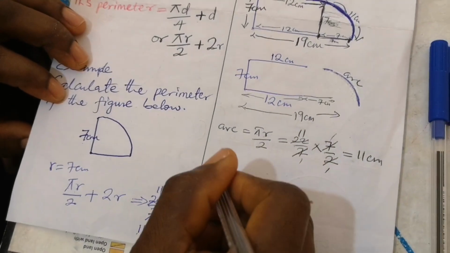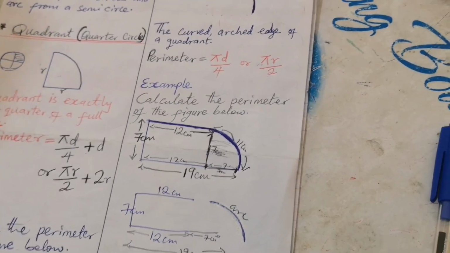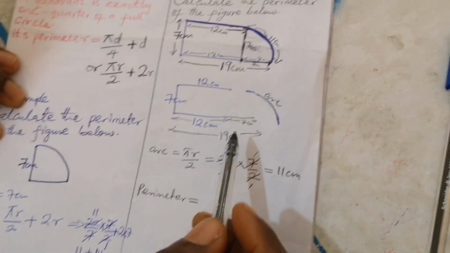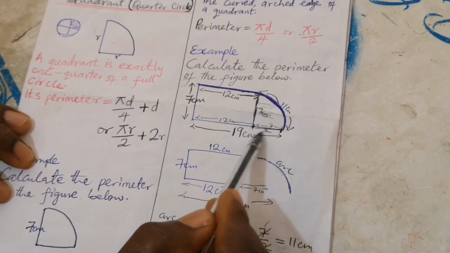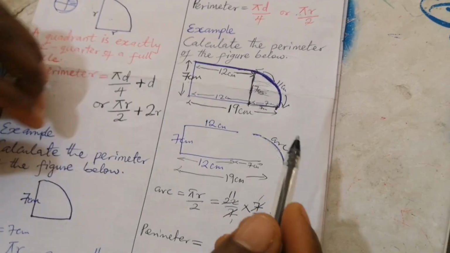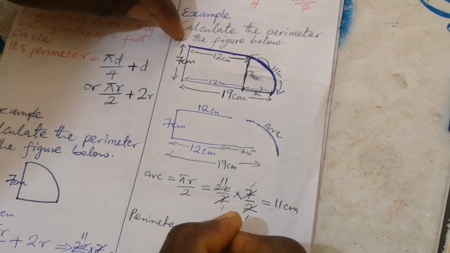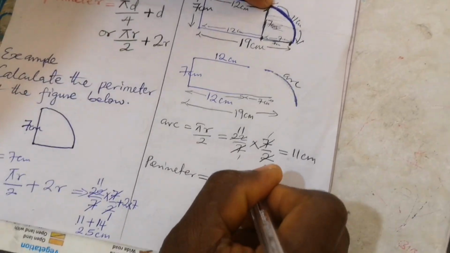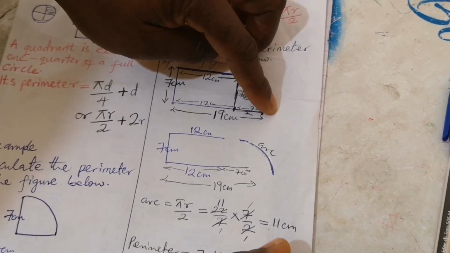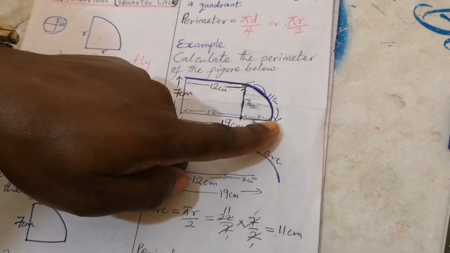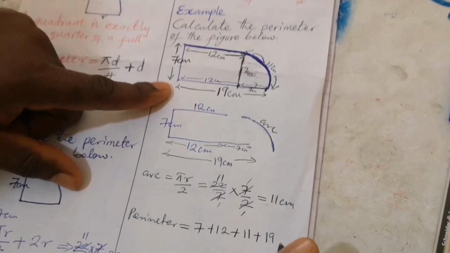Now for us to find the perimeter, which is the sum of the edges of a shape, we are going to add 7, plus from here to here is 12, plus this arc which is 11 cm, plus from here to here which is 19 cm.